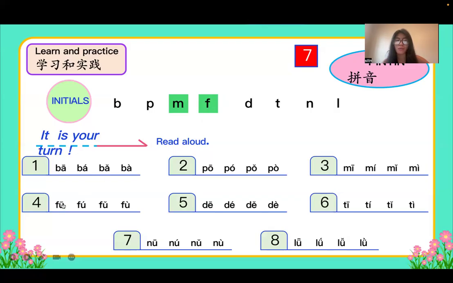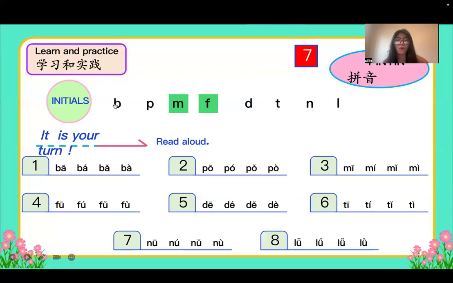And this one is u we learned before. So together for the first tone. Fu. Second one. Fu. Third one. Fu. Last one. Fu.